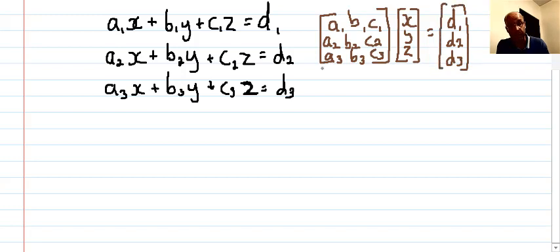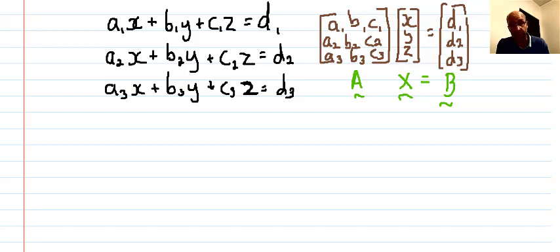If you did the multiplication, you would get what's written there in black ink. What we have, if we give them some label, is AX equals B, which we might have seen in the 2x2 videos before.